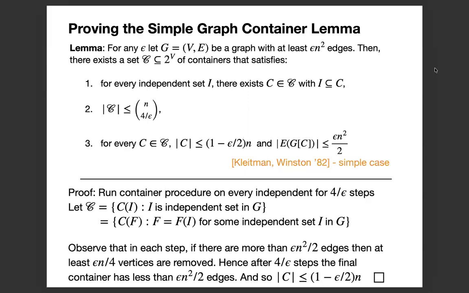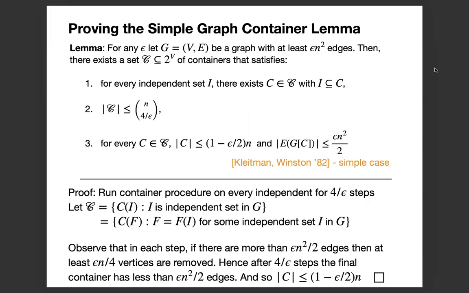So in each step you make progress on shrinking the container, and after enough steps your container will be sparse. And if it's sparse, then it must be small, because we know our graph has a lot of edges. Okay, I know I went through that quickly. It's not super important for the rest of the talk, but I just want to convince you of how we actually go about proving these things.